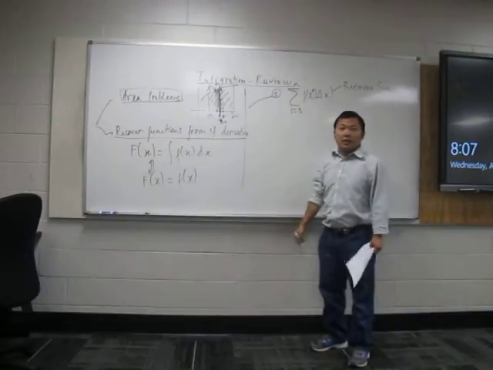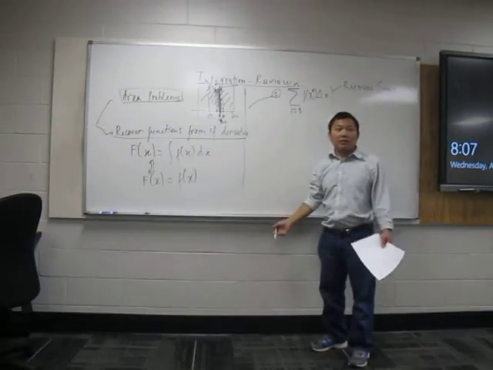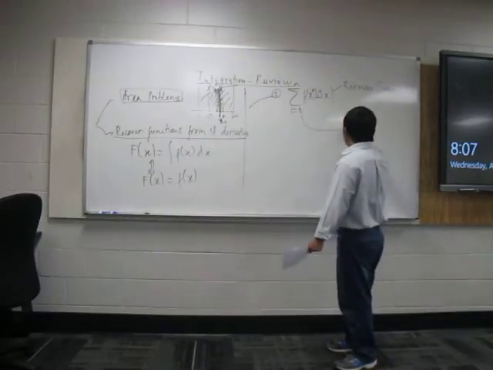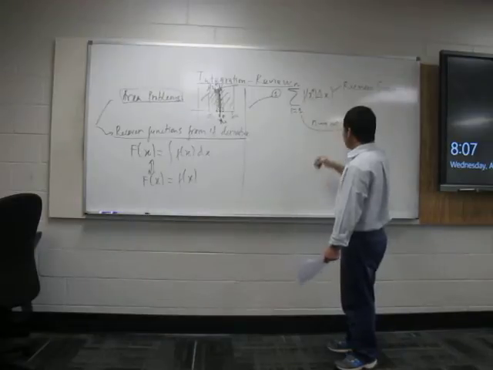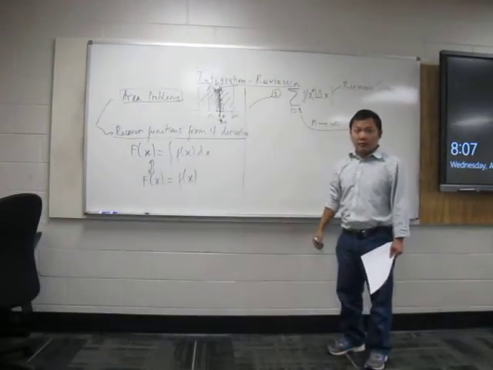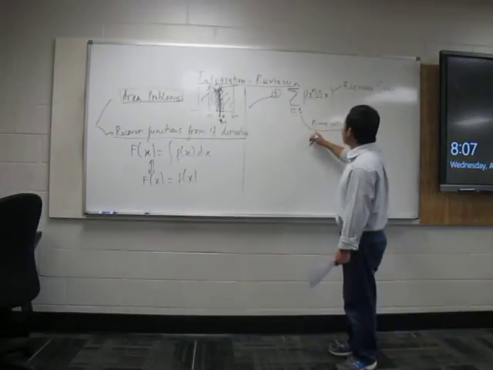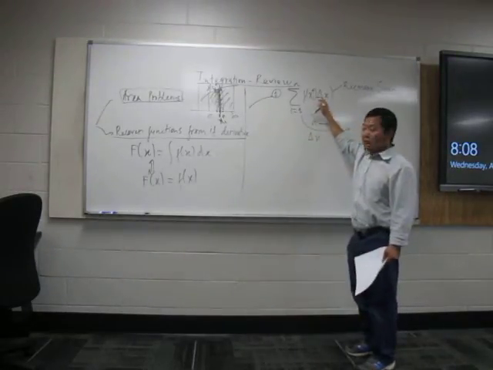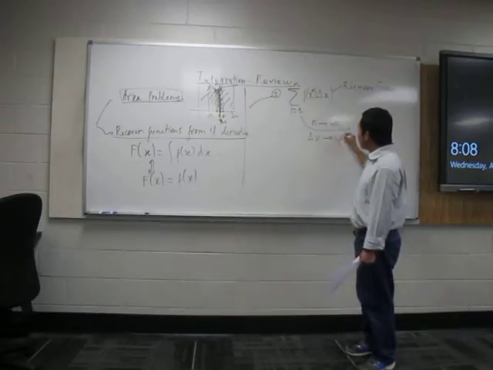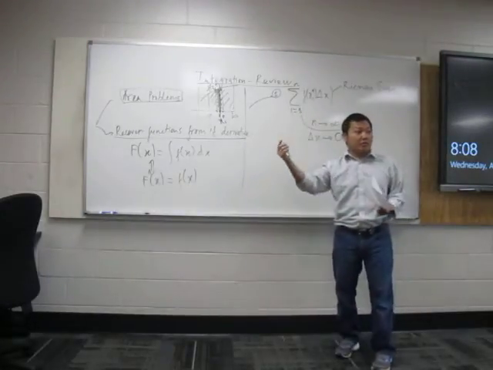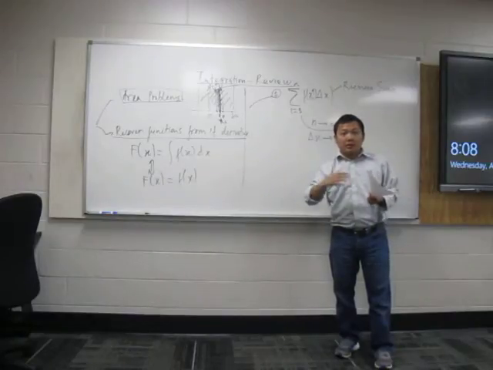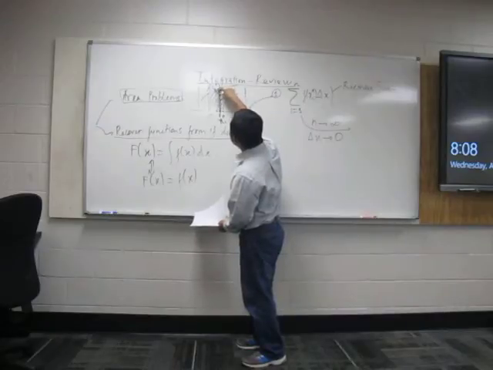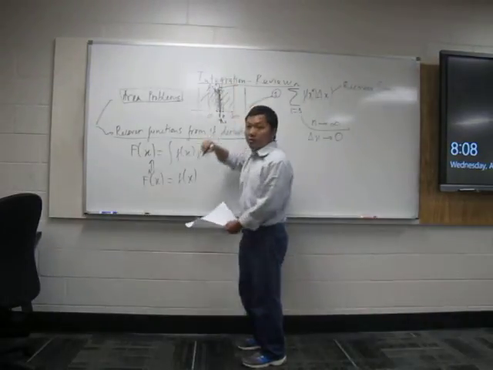The last step is we have to do a limit process. We have to turn n to infinity. Or sometimes, because in our case all subintervals have the same width, we say delta x goes to 0. It means we increase the number of subintervals, and since we increase the number of subintervals, our errors will approach 0.